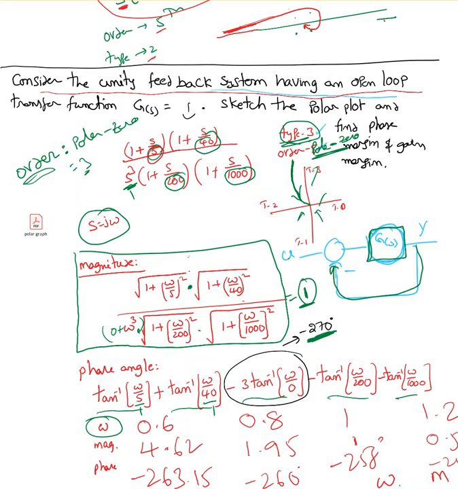So choose an omega value where you're going to get the magnitude 1. So trial and error method most probably. First, if you want, you can try with these corner frequencies 1000, 200, 40 and 5. And then whenever you get closer to unity, you can choose around those numbers.